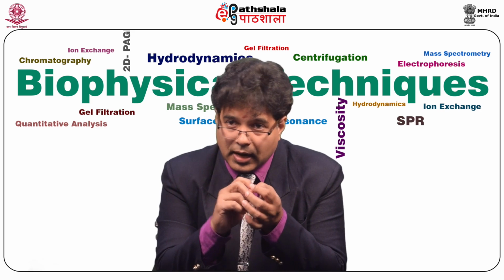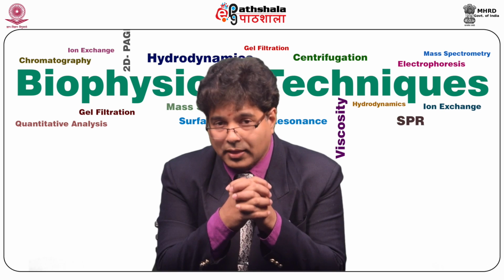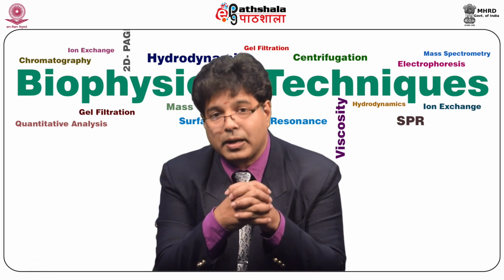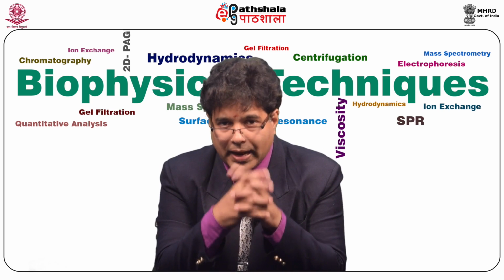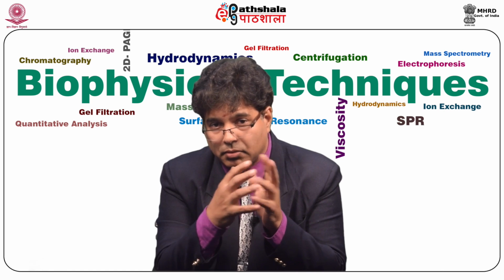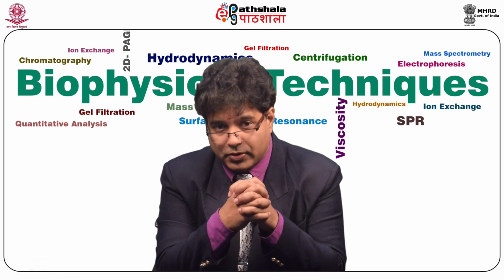Time of flight is another type where a reflectron is used. Again, the path of the ions passing through is increased so that you get a better resolution. Magnetic field deflection and time of flight can give a slightly different type of picture compared to quadrupole mass spectrometry.